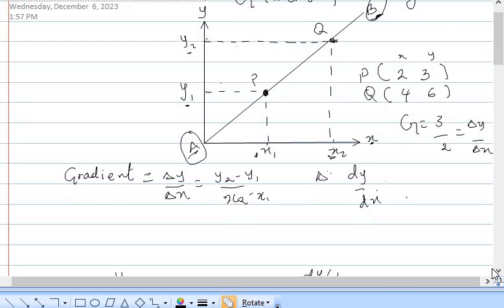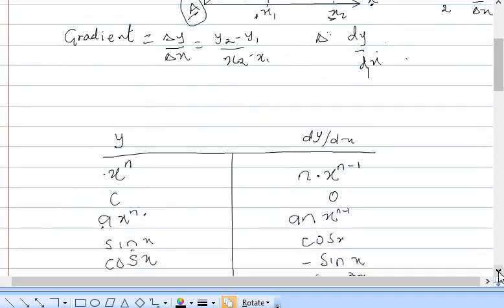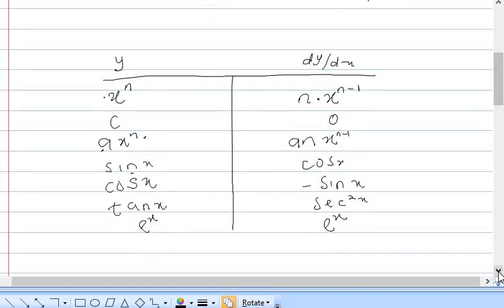Okay, taking a look at this small table, we have a function given as y, and then we have the derivative.